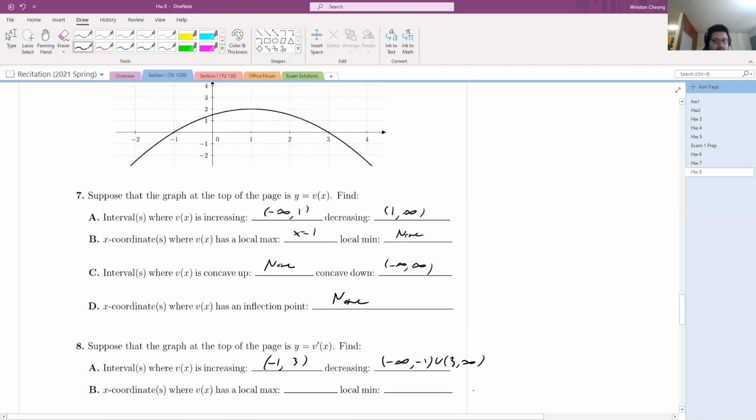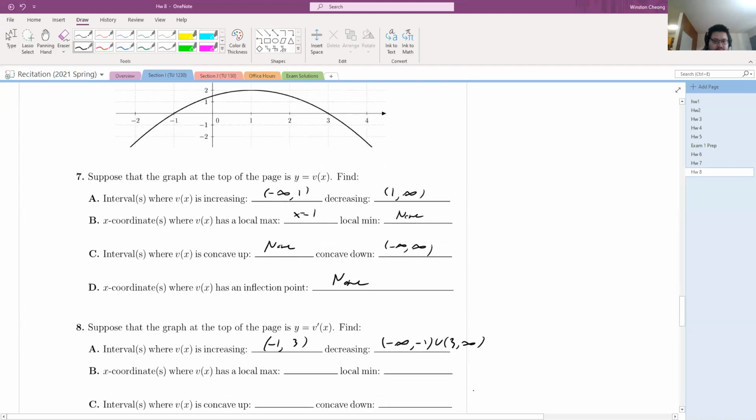Okay. Local min and max, right? This is about the transition points. You normally say those things happen at locations where the derivative is equal to 0. So that's going to be at -1 and at 3. Whether it's a local min or max depends on if you're transitioning from plus to minus or minus to plus.